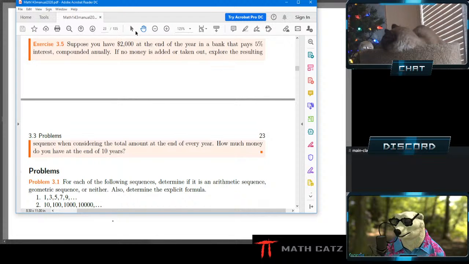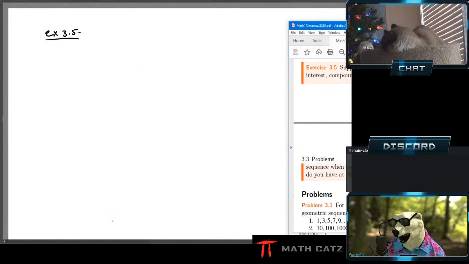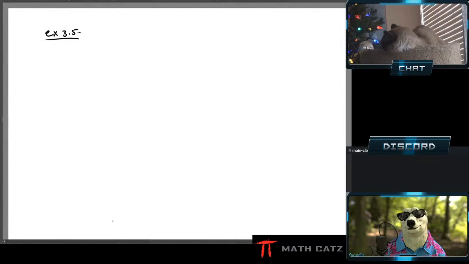No money's taken out or anything. I want to know 10 years down the line, how much do I have? Year 10. A pretty practical question. So let's just see what the sequence is.